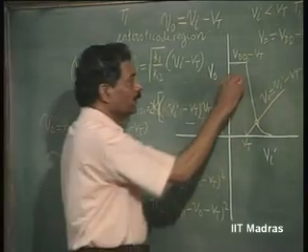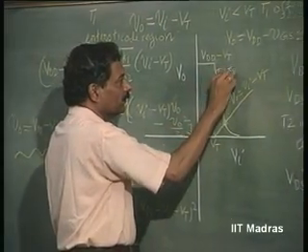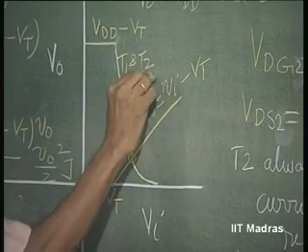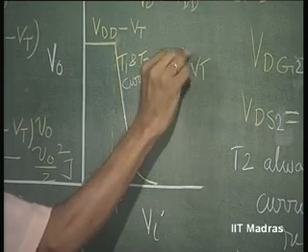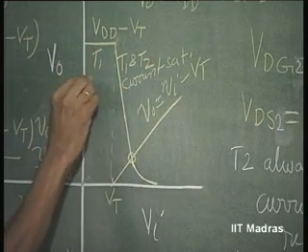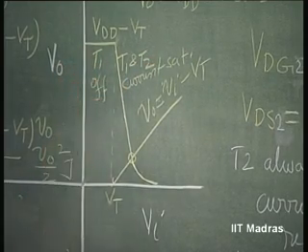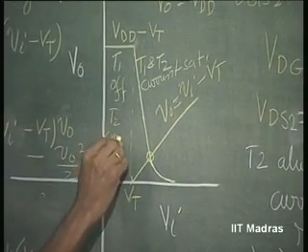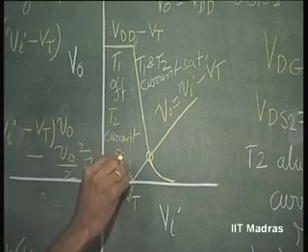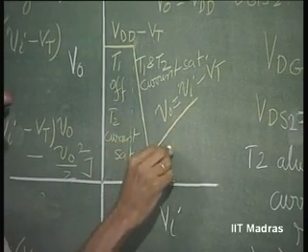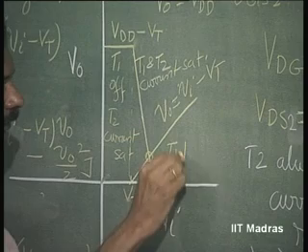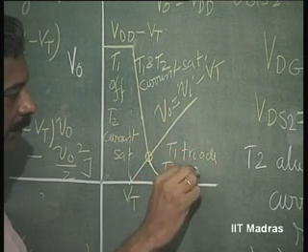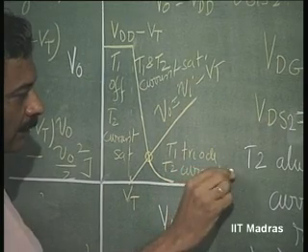So, both T1 and T2 are in current saturation region. Here T1 is off, and T2 always in current saturation, and here T1 is in the triode region and T2 in current saturation region.